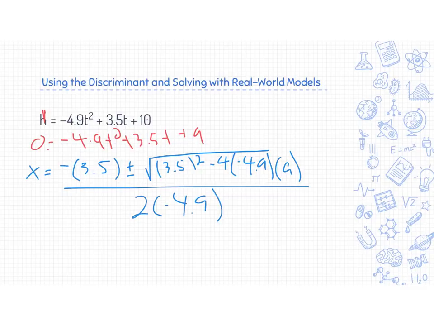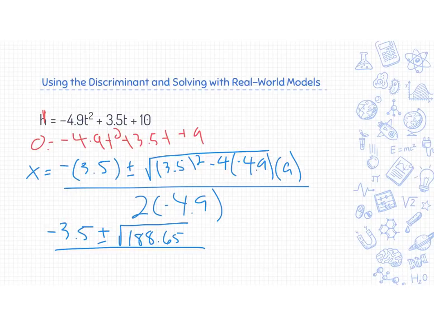Now, here we're going to simplify, and we're going to be using a calculator. The nice thing at this point is we already know what the discriminant is. So we get negative 3.5 plus or minus the square root of 188.65, because we already figured that out, all over negative 9.8.